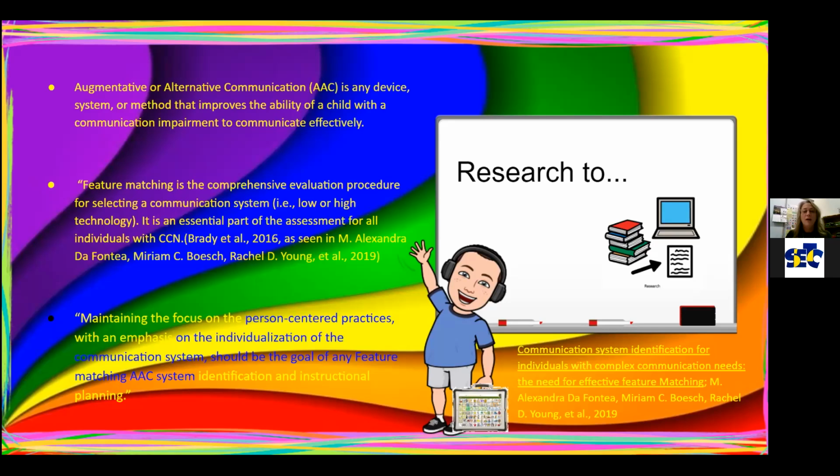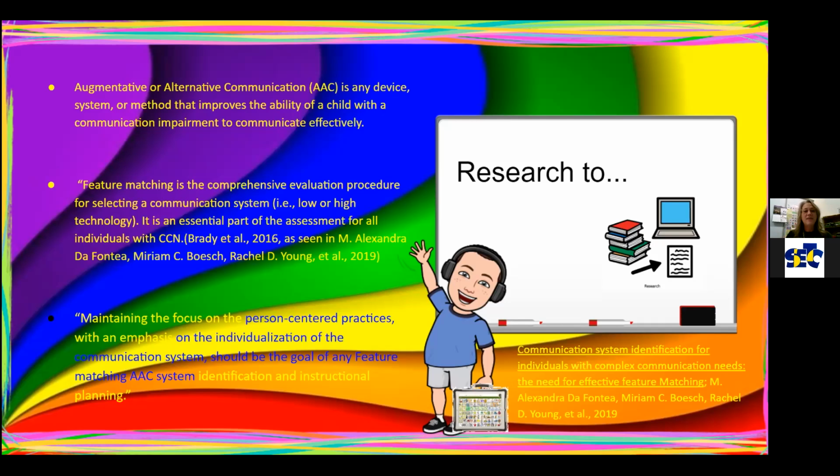What they talk about in here is feature matching for an AAC device, right? We know AAC is a system or method that improves the ability of a child with communication impairments to communicate effectively.